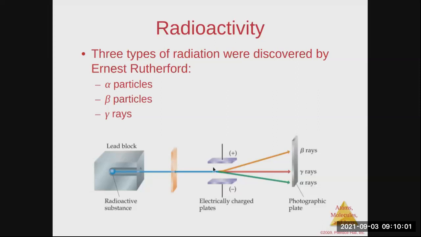The blue represents the complete stream of particles. We pass the stream through an electrically charged zone. And what Ernest Rutherford noticed was that some particles were pushed.